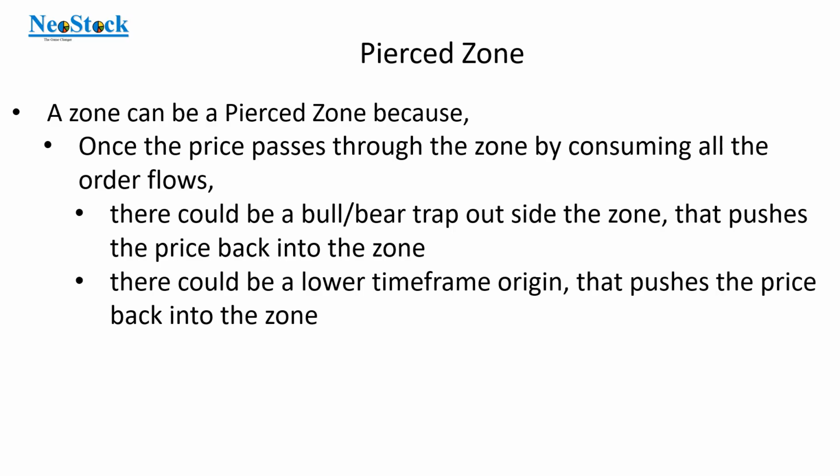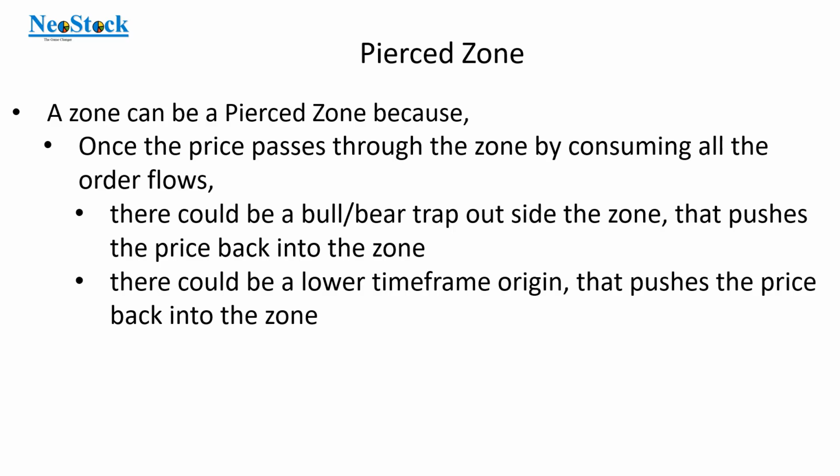There could be a lower time frame horizon that pushes the price back into the zone. In lesson 22, you learned this concept: lower time frame zone as a horizon to the higher time frame zone. What did you learn in lesson 22?